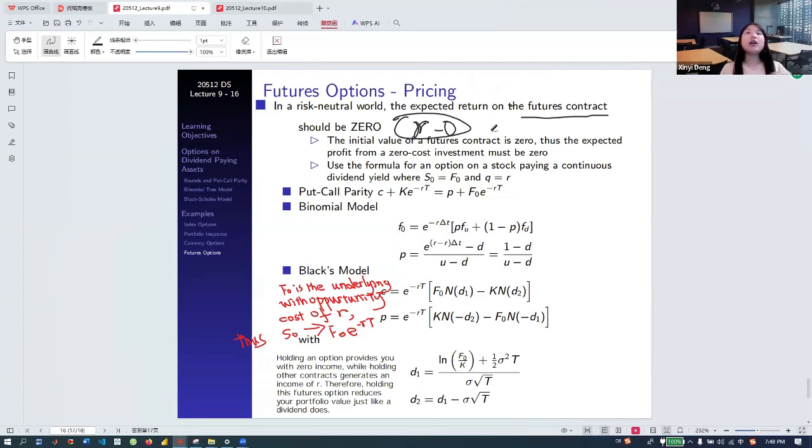So this opportunity cost of R can be effectively viewed as an implicit dividend yield.